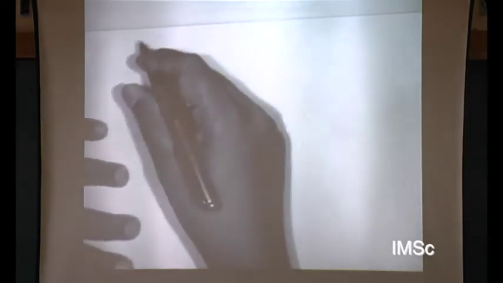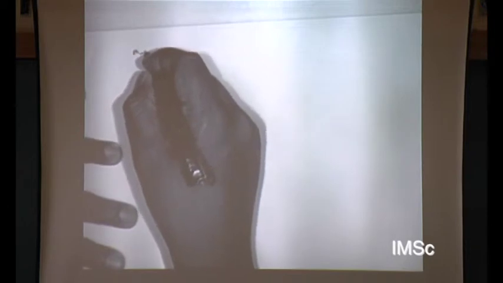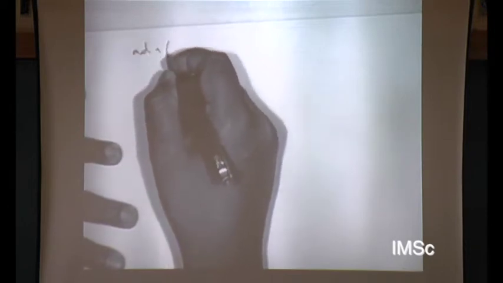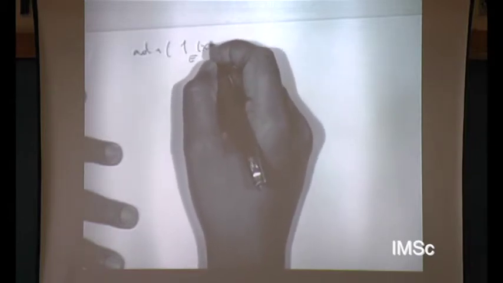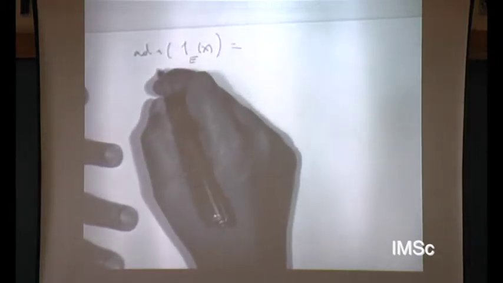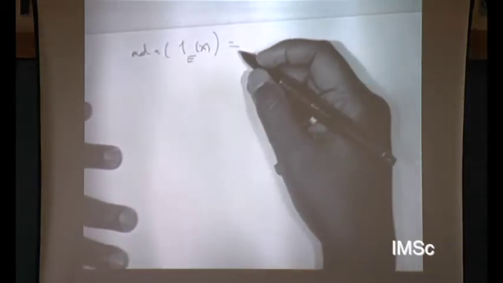So the same thing will say that, for example, Ad U of 1_E of X is U 1_E(X) U star.